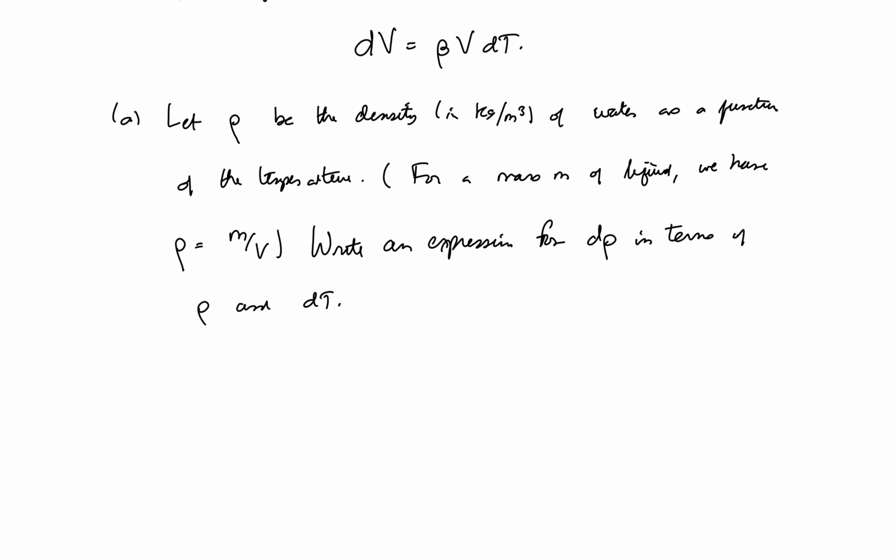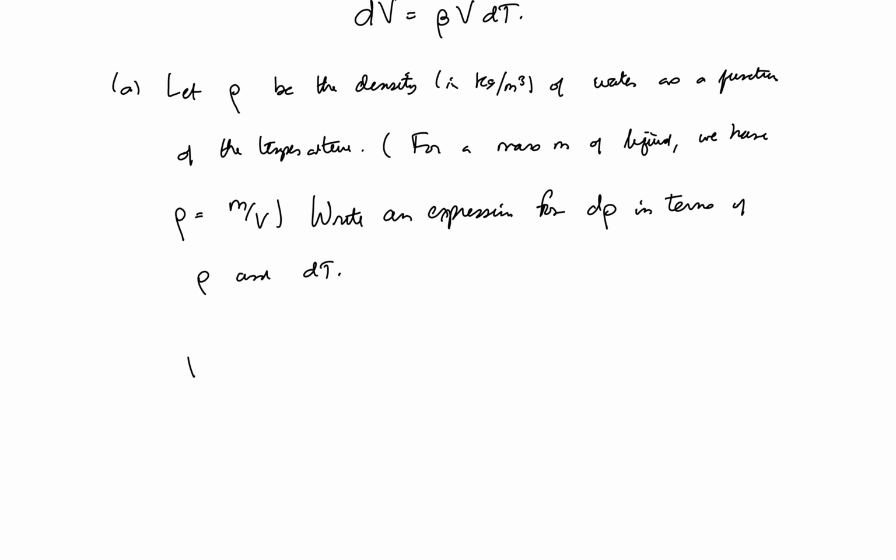So notice that since rho, thinking of this as a function of V, is m over V, the derivative of rho with respect to V is minus m over V squared.